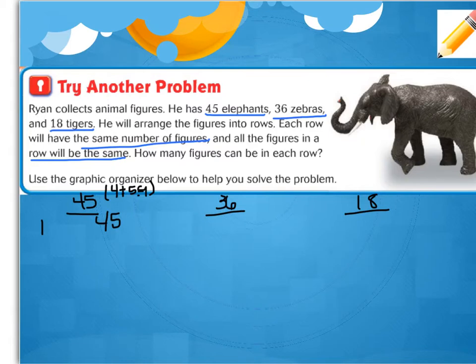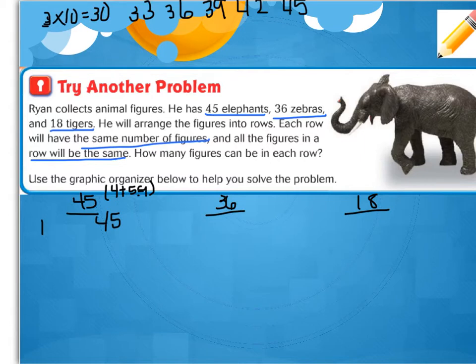I know that 3 times 10 is 30, and 3 times 11 then would be 33. I'm going to count up by 3s from 30 until I get to 45. 30, 33, 36, 39, 42, 45.